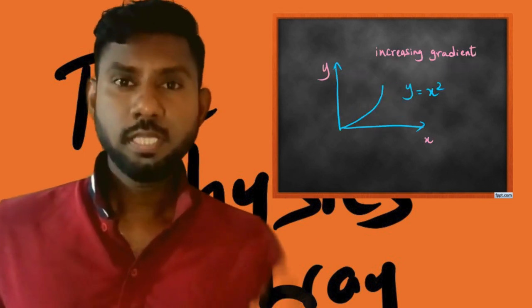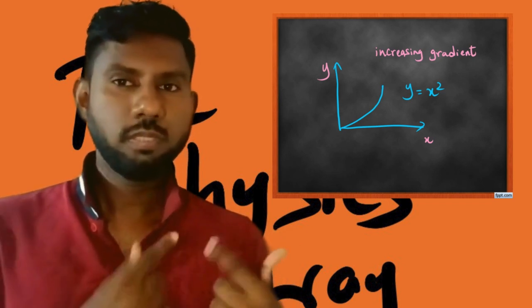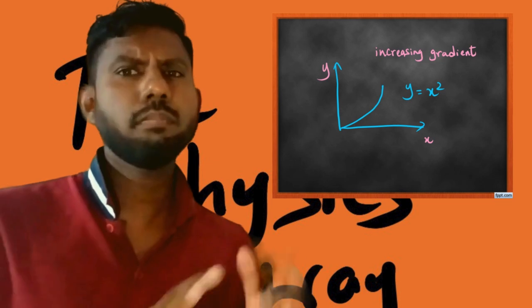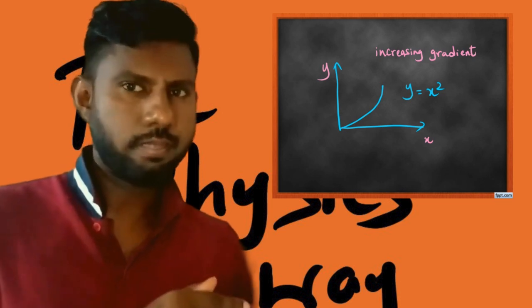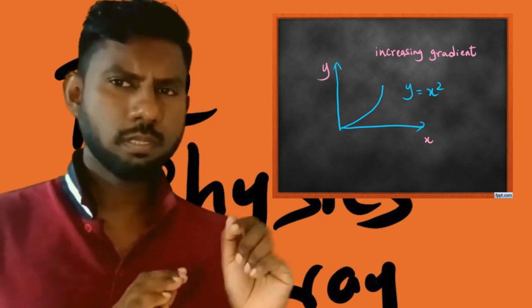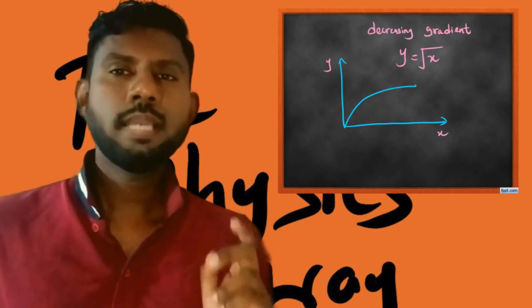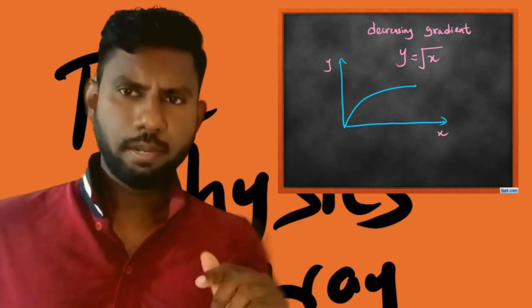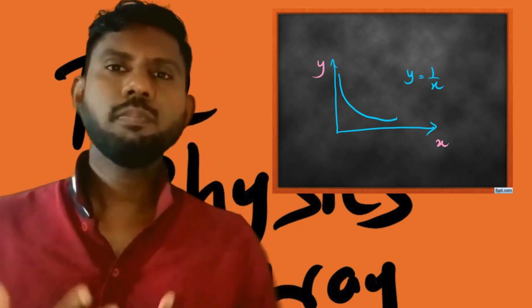Other than this, yes, this is the other one, y equals x squared graph, increasing gradient. Remember that the gradient is varying and it is increasing, right? The second one, the decreasing gradient, y equals root x graph, and then y equals 1 over x graph. These kinds of graphs you have to analyze.